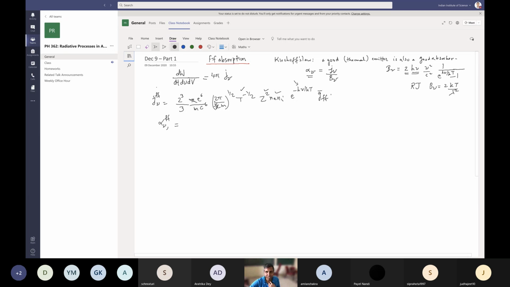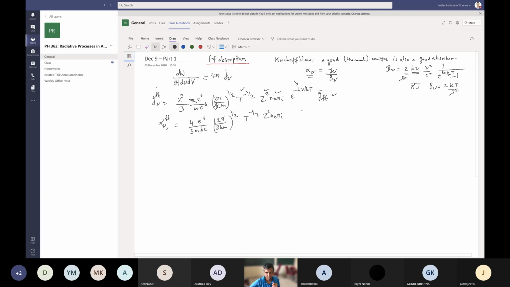You just have to divide this by B nu. Let me write down what I get. 4 e to the 6 by 3 m h c, 2 pi by 3 km, this is all fine, T to the minus 1 half, Z squared n_e n_I.